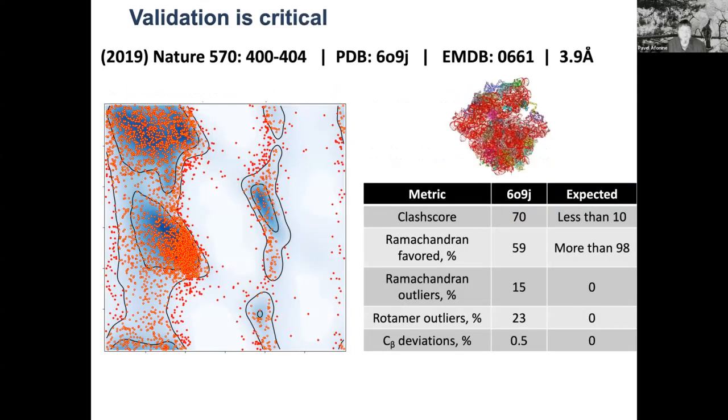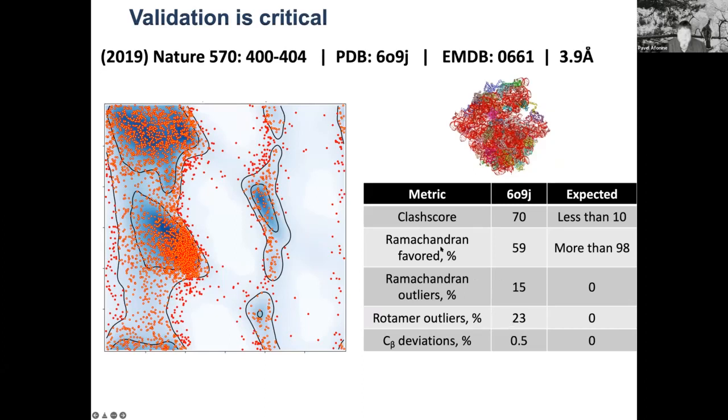Here's an example of a relatively recent structure published in Nature in 2019. You can go to the PDB and get that structure yourself. The geometry of the structure is surprisingly poor. If you look at the clashscore at 70, which is outrageous, Ramachandran favored 59, you expect 98, right? 15% outliers, you expect 0 at this kind of resolution, rotamers and so on.